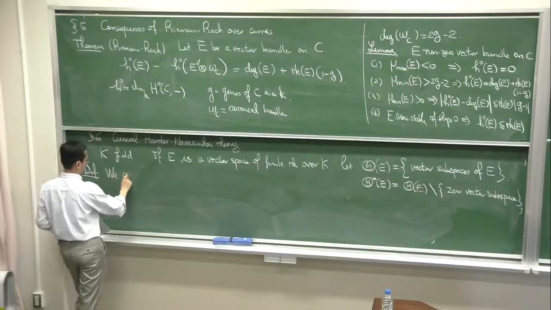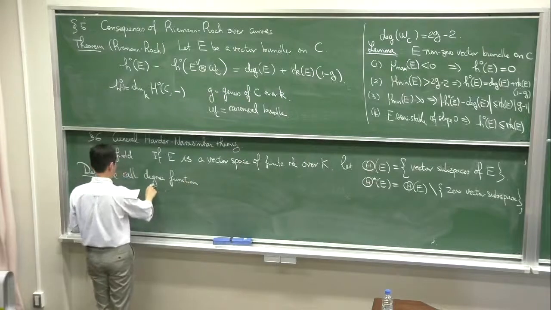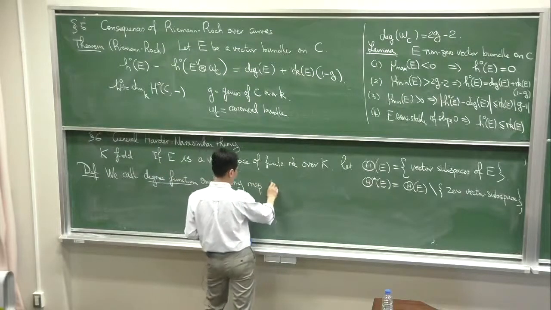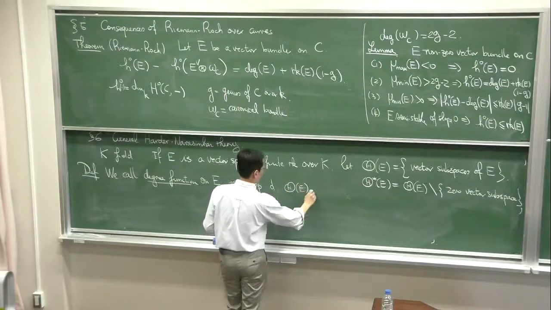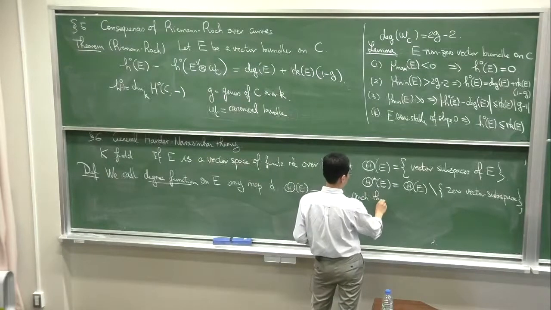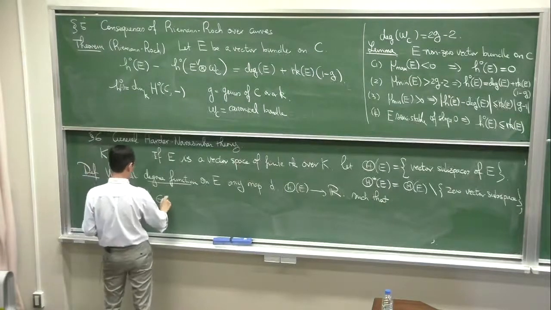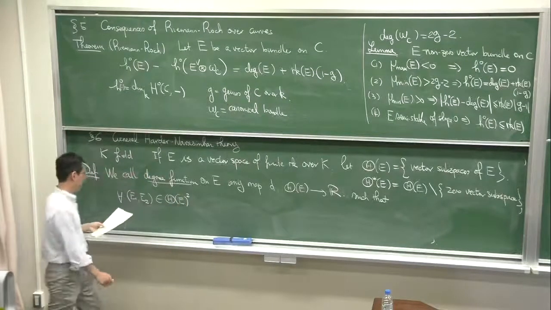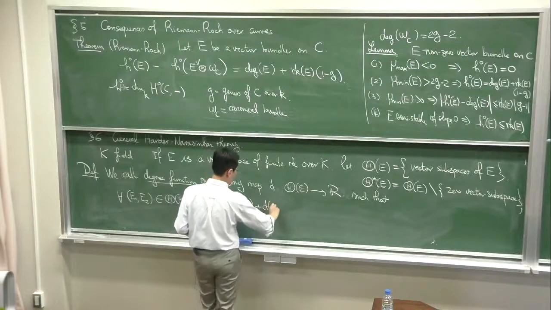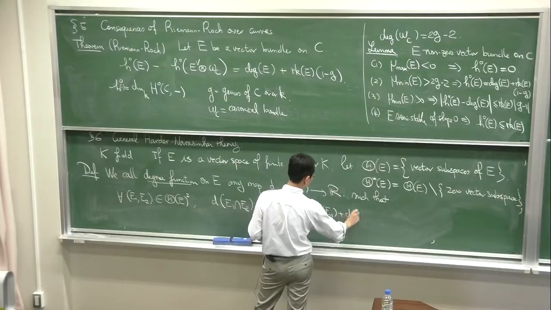So, definition: we call a degree function on E any map deg from theta E to R such that for any E1 and E2, which are vector subspaces of E, you have degree of E1 intersection with E2 plus degree of E1 plus E2 bounded from below by degree of E1 plus degree of E2.